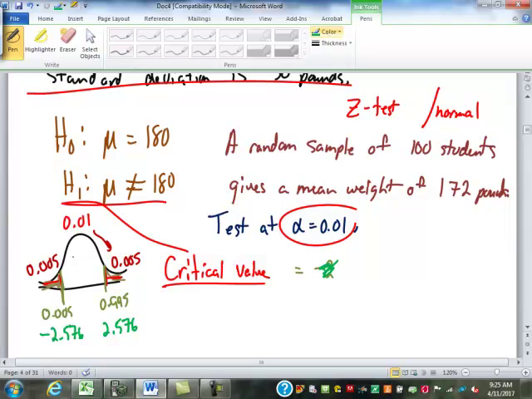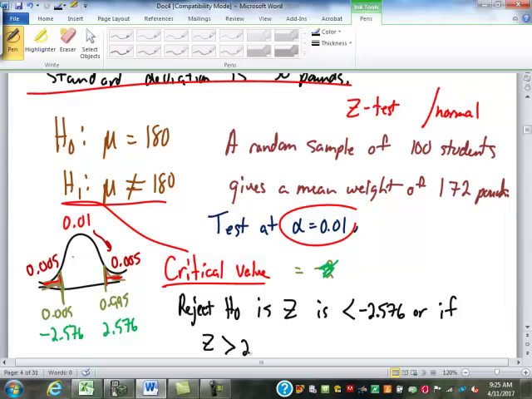So what this is going to say, because we have an alternative hypothesis that's not equal to, we have to reject on both tails. So we will reject H0 if the test statistic Z is less than negative 2.576, or if Z is greater than positive 2.576.